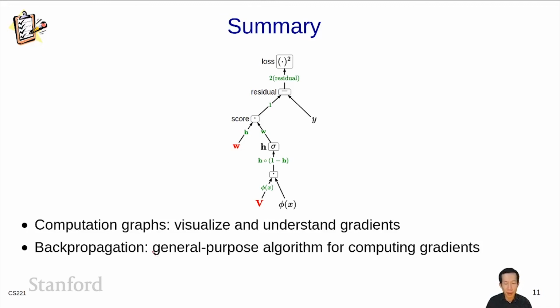Notice that we've done this in the context of neural networks, but I stress that computation graphs and backpropagation are fully general. They allow you to handle many, many functions. This generality is one of the reasons that you can iterate very quickly on new types of models and loss functions, and it opens up a new paradigm for model development, differentiable programming, which we'll talk about in a future module. All right, that's it. Thanks.